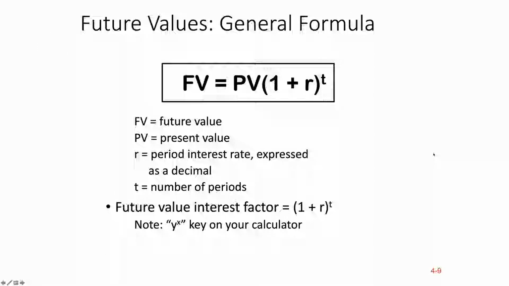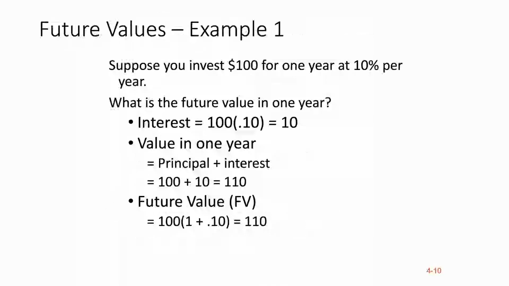Now let's look at the general mathematical formula for future value. Future value is equal to present value increased at the interest rate R to the power of t. T represents the number of periods. Mathematically, you can use this formula to do it. For example, if you put $100 down for a year at 10% per year, what is the future value in 1 year?